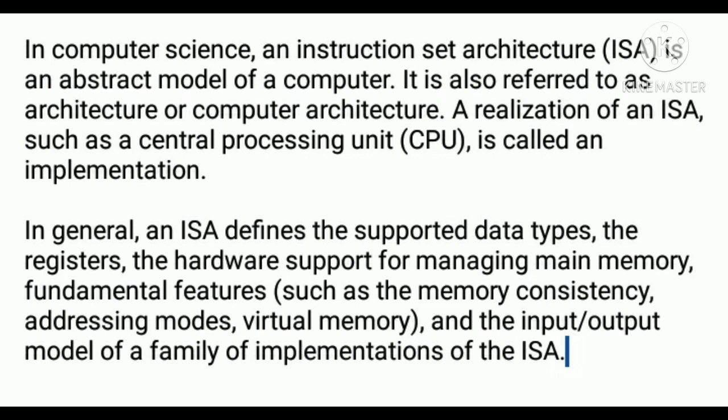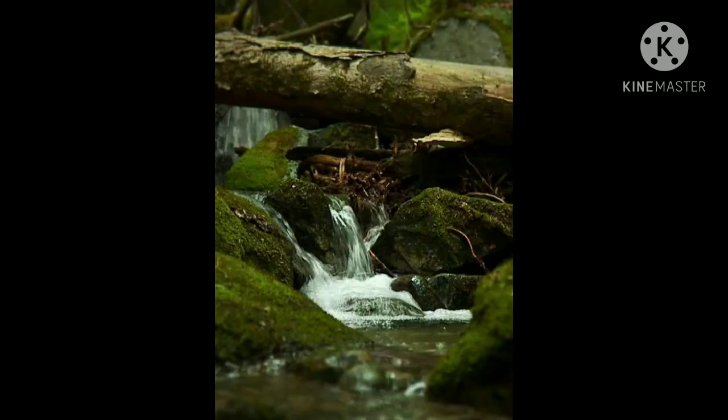In general, an ISA defines the supported data types, the registers, the hardware support for managing main memory, fundamental features such as memory consistency, addressing modes, virtual memory, and the input-output model of a family of implementations of the ISA.